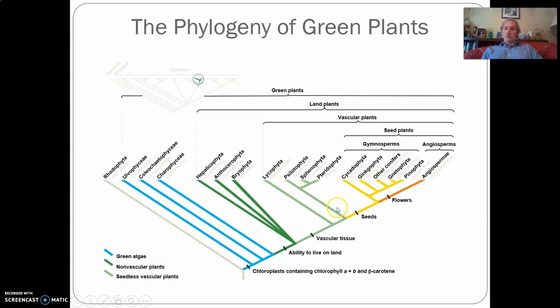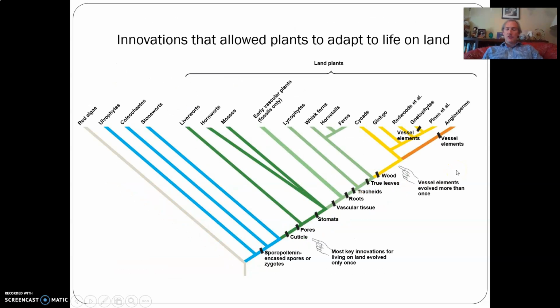So for this set of modules, we're going to focus at the beginning and then we'll work our way through these major groups. What we did in the last modules is basically talk about the different synapomorphies that evolved that allowed plants over time to evolve better ability to survive on dry land and support themselves. And we're not going to go through that again.